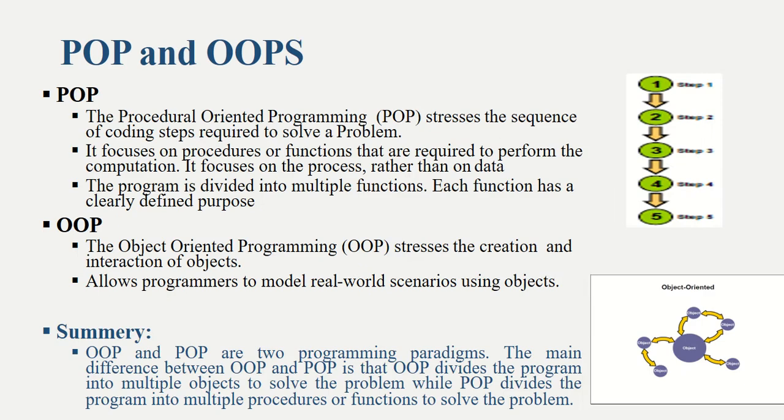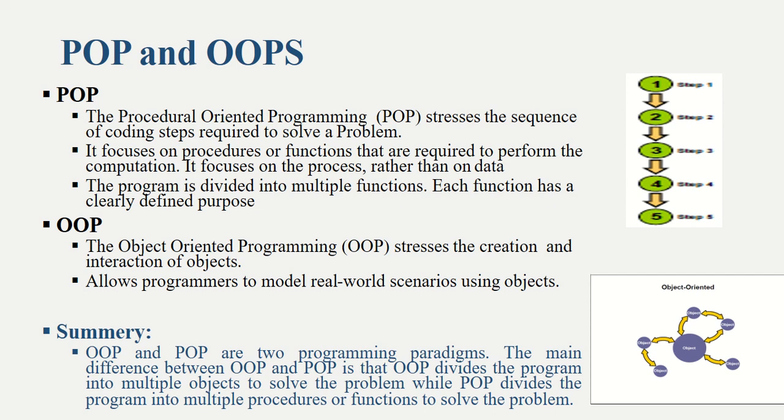So first of all, we will compare what we know as procedure-oriented programming, which we call POP, and the object-oriented programming structure. I will say POP from now on, so when I say POP, you already know I mean procedure-oriented programming.